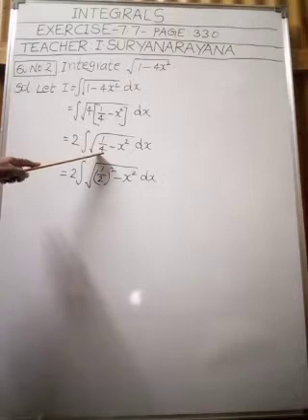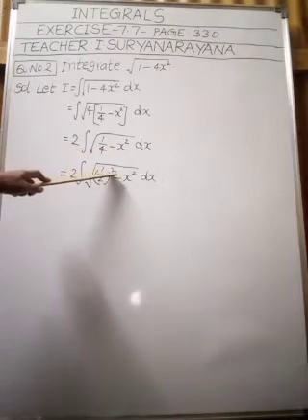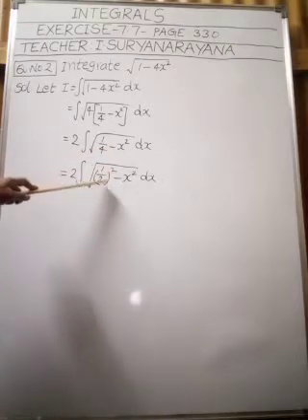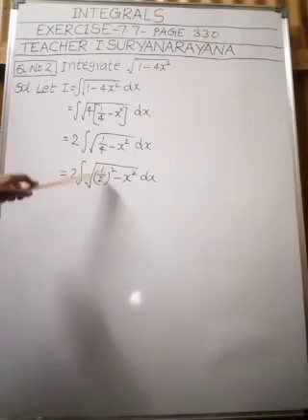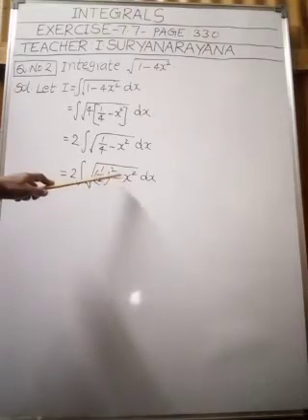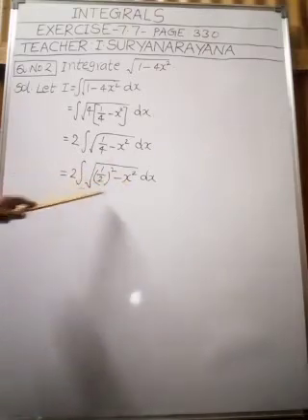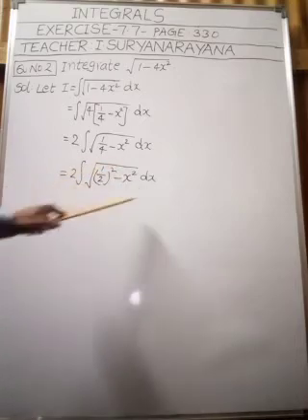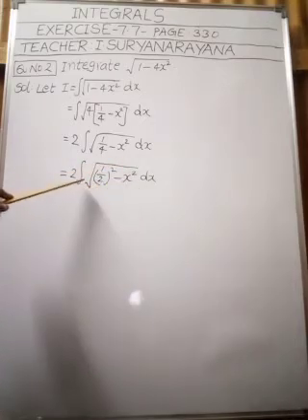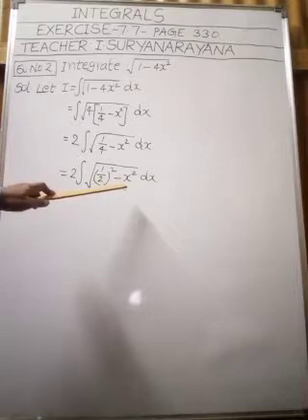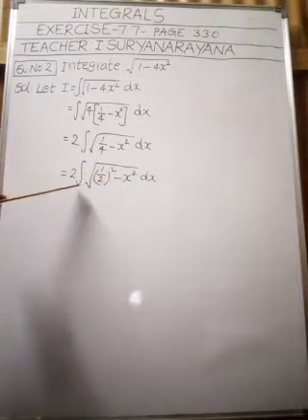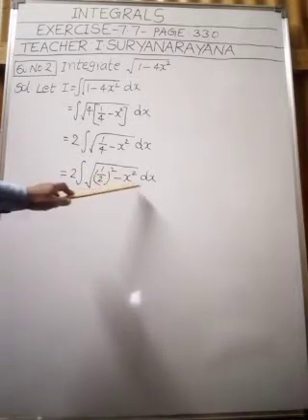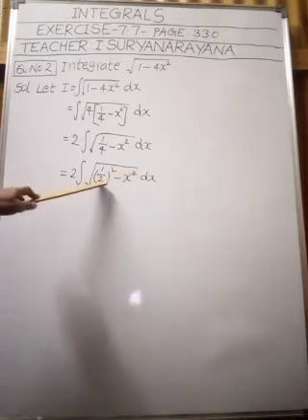We wrote this number as the square of some number. Then we can write it as 1 by 2 whole square minus x square. Now this integral is in the standard form. We can compare this with the standard integral root of a square minus x square, where a is equal to 1 by 2. Okay, my children?